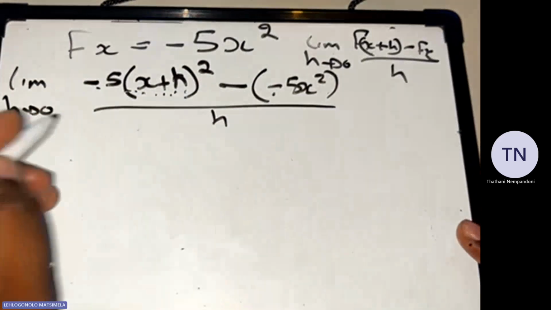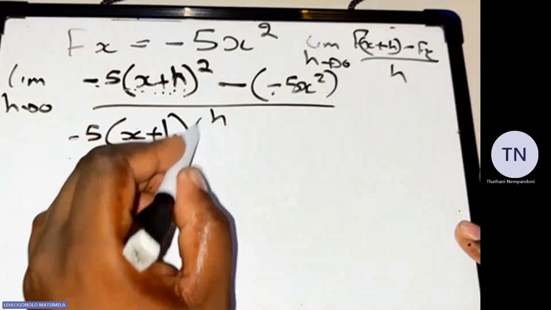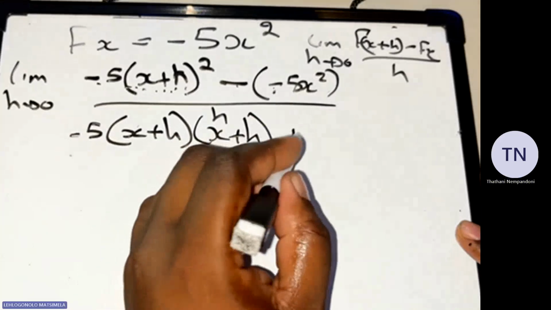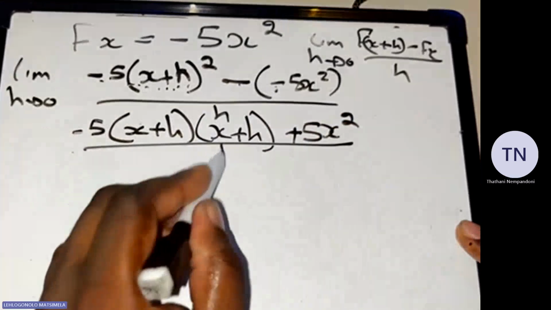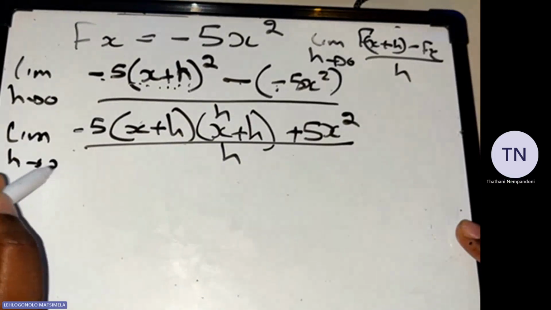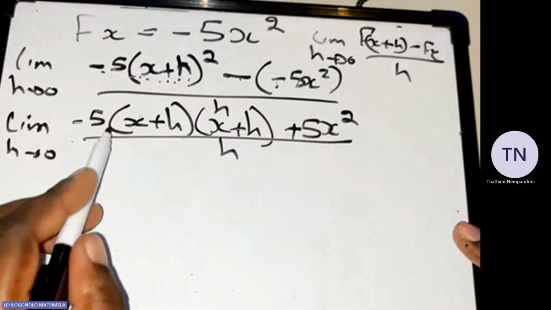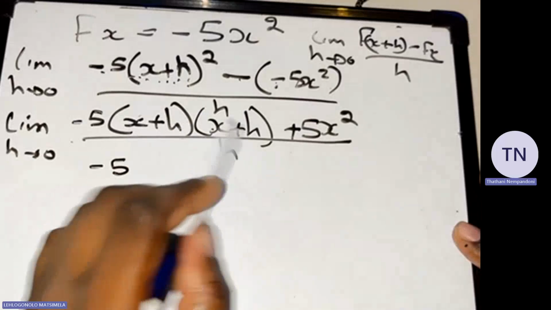When I remove this bracket, I will end up expanding, saying that is x plus h, then x plus h. Negative times negative is positive, which means it will give me positive 5x squared, all in all divided by h. Then don't forget that limit h approaches 0. Then when I simplify this, I will start by putting 5 outside first and simplify this part.